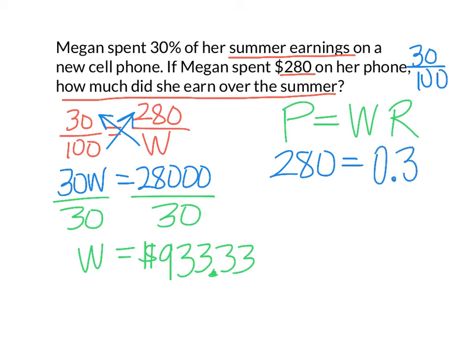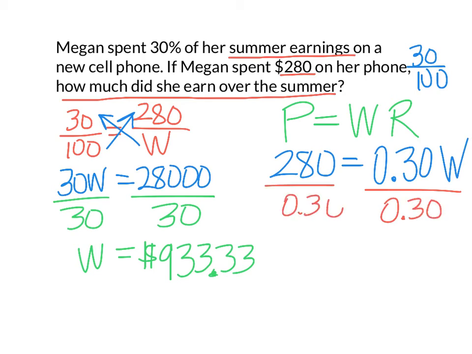And if it makes you feel better, you can put the 0 here just to remind you it was 30%. W. And now we divide both sides by the 0.3 or 0.30. And again, we get the $933.33. So either way we do it, we get the summer amount, the amount that she earned over the summer.